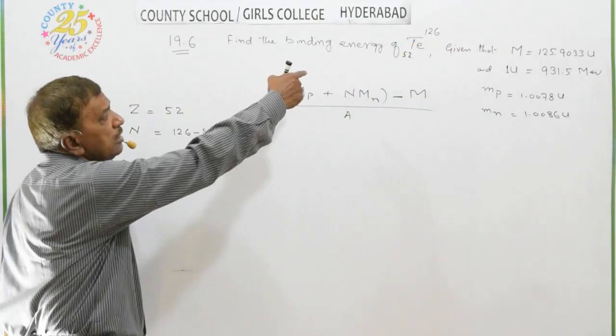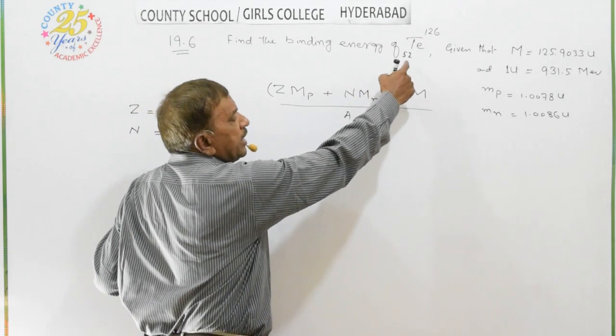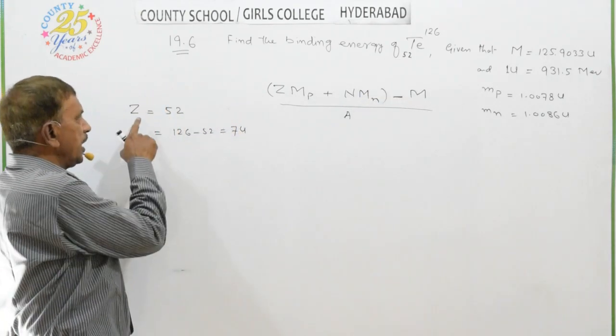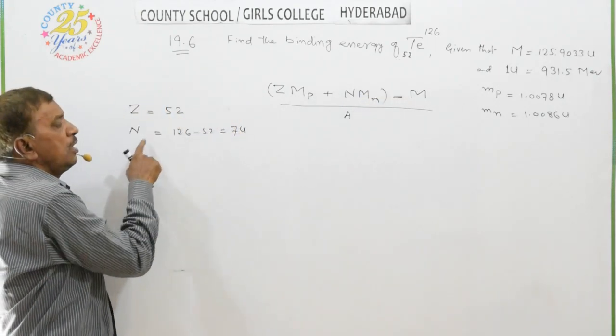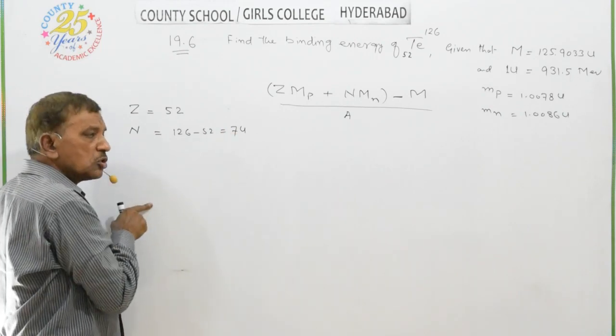So what should be the binding energy of tellurium? Here we have 52 protons, 74 neutrons.